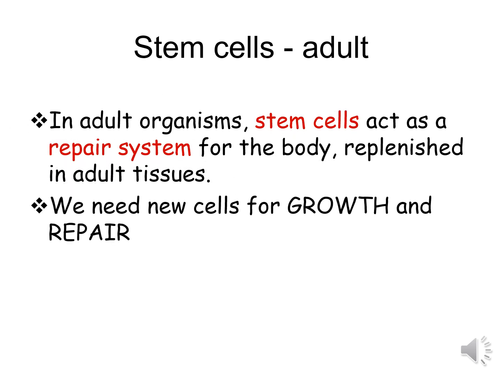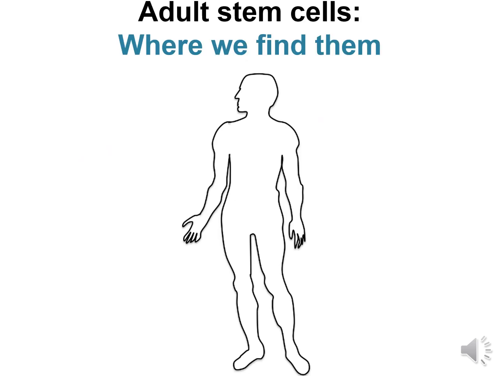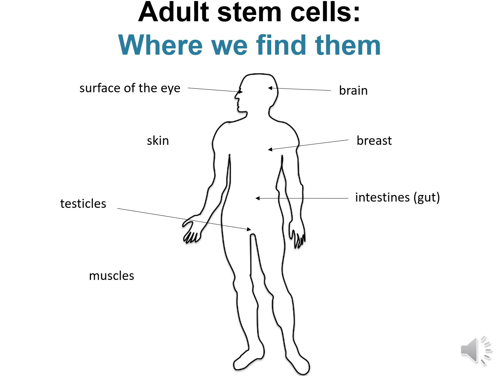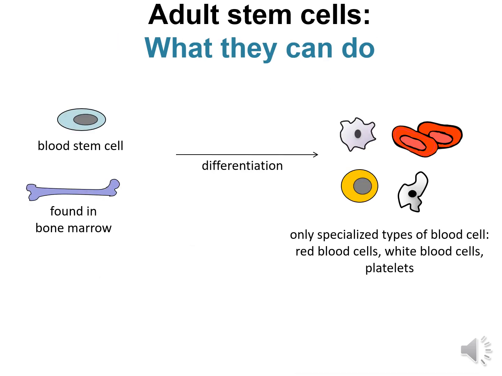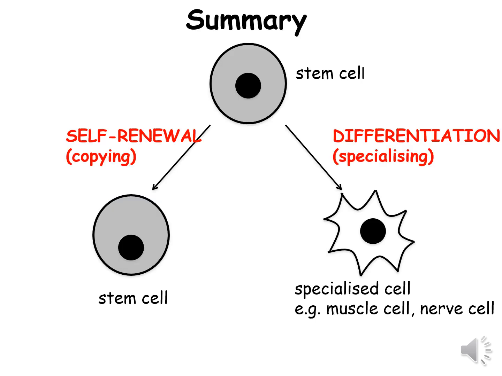And we need these new cells for growth and repair. So what can adult stem cells do? The stem cells found in our bone marrow can differentiate to form new blood cells, for example, red blood cells, white blood cells to help us fight disease.